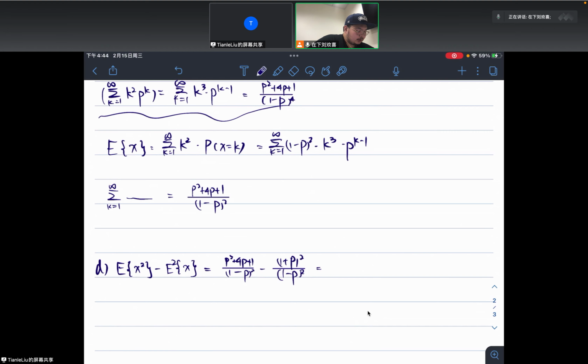The top is 1 minus p squared times (p squared plus 4p plus 1) minus (1 minus 2p minus p squared), which gives (1 minus p squared) over 2p, right? This is the answer for part D.